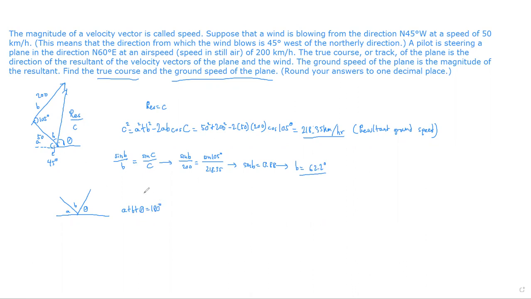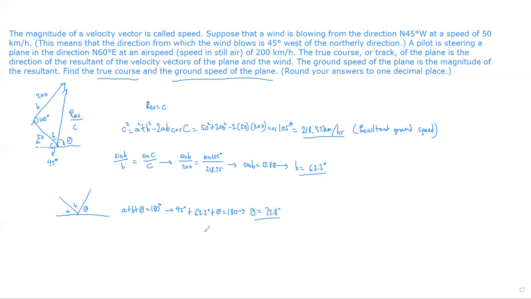Well, we know A is 45 degrees. Put the degrees on there, by the way, otherwise they'll think it's radians. 45 plus 62.2 plus theta is 180. And when you do it, let me just get my calculator real quick. You get an answer of 72.8 degrees for theta.